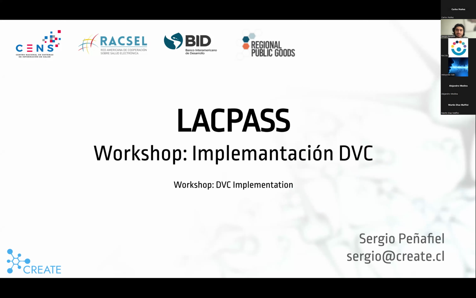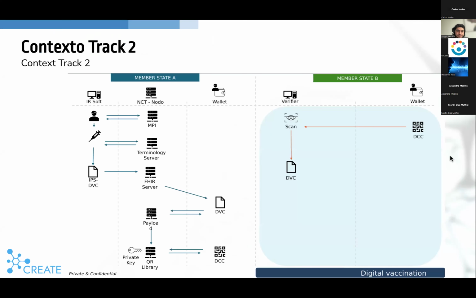So for this second part of the presentation, now we're going to see how to generate and validate these DVC certificates using the tools that we have in the country node. Just as background information, what we can see here on track 2 is this diagram, which shows all the elements.